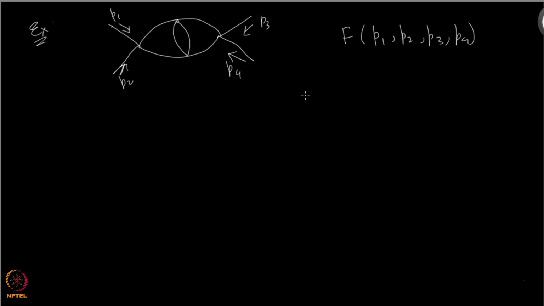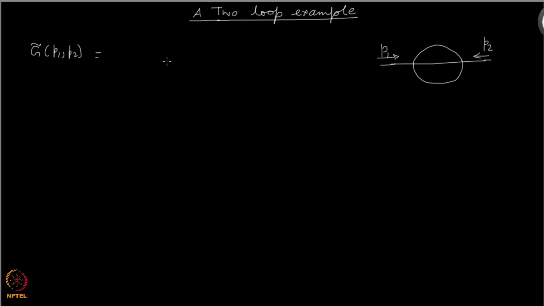So let me do that. I should have i over P1 squared minus m squared plus i epsilon, times i over P2 squared minus m squared plus i epsilon.